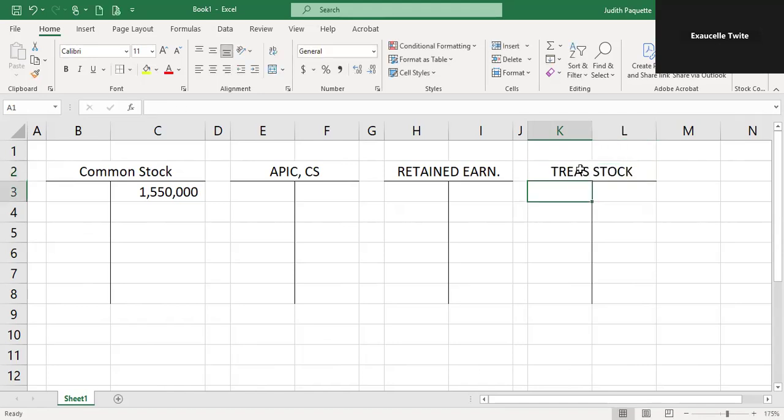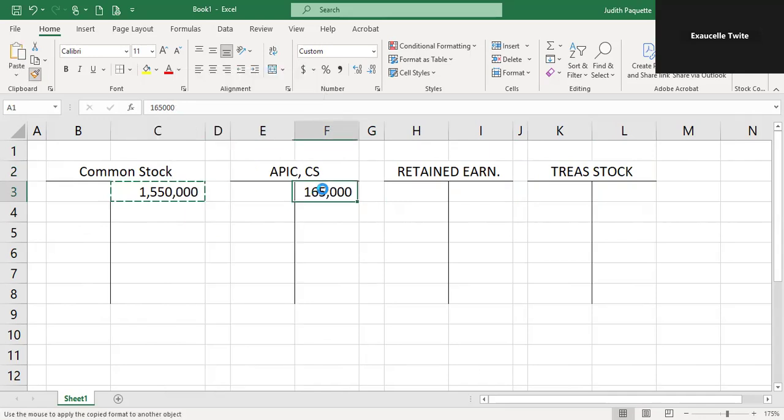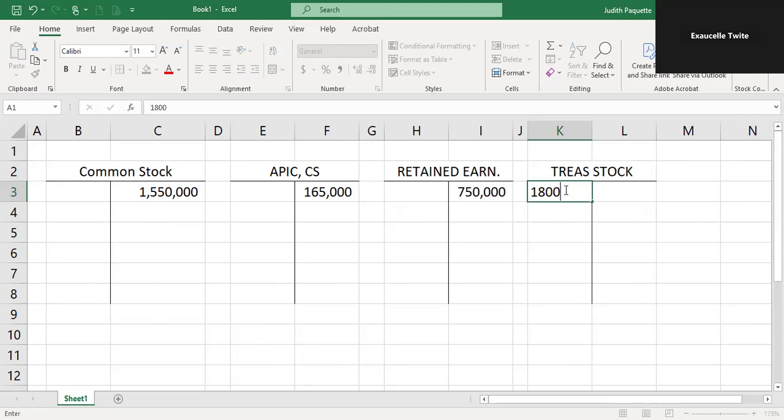Our APIC account has 165, and that also has a credit balance. Our retained earnings has a balance of 750, also a credit balance. And our treasury stock has a balance of 180. Treasury stock has a normal debit balance.